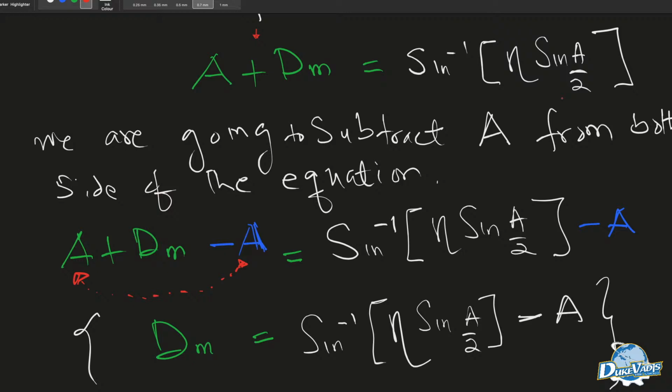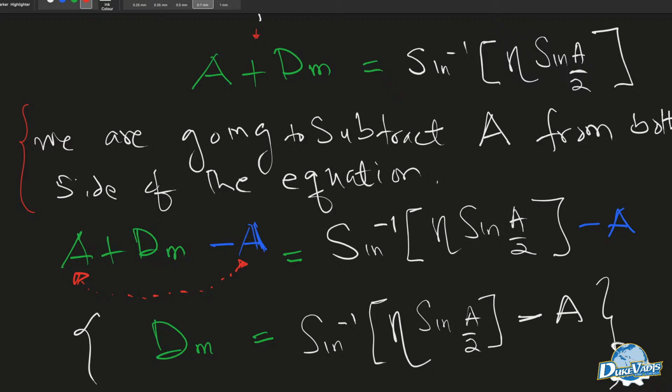What do we do to get rid of the A on the left hand side of the equation? So that is what I said: we are going to subtract A from both sides of the equation. Now we have subtracted A from both sides.